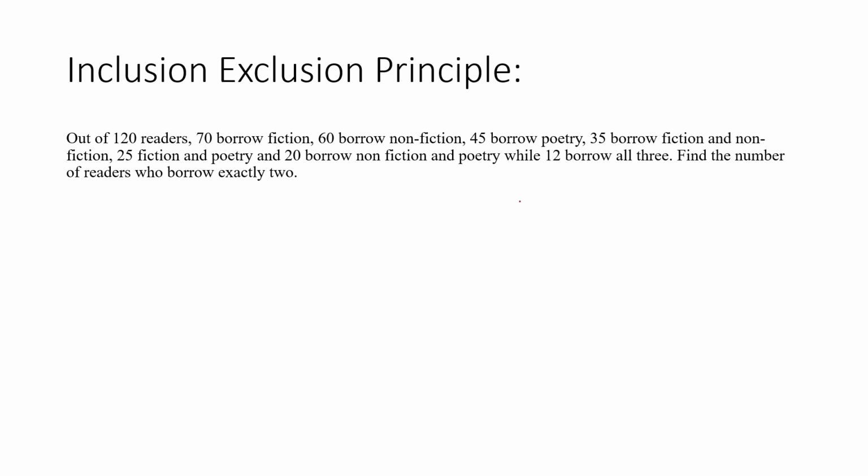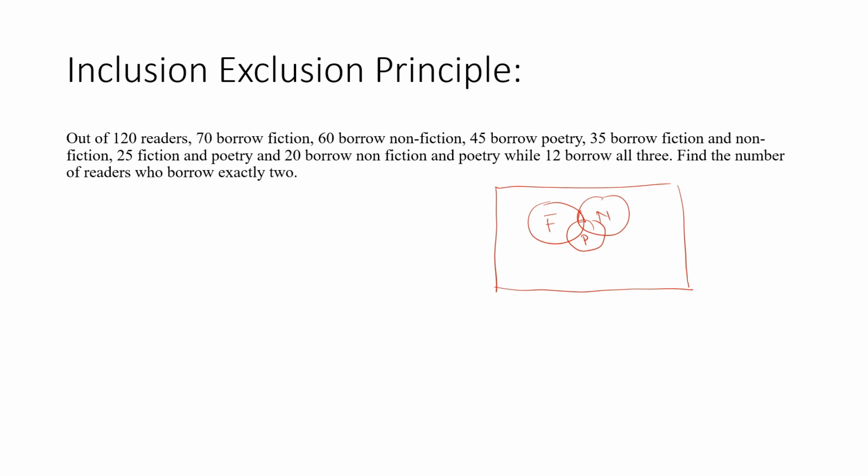So first, let us draw the Venn diagram. This is F for fiction, this is N for non-fiction, and this is P for poetry. So the required region is the total number of readers who borrow exactly two.